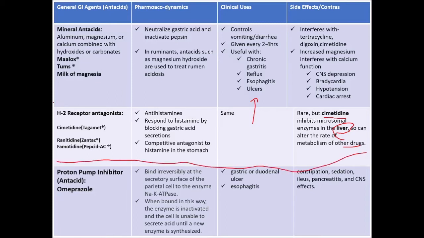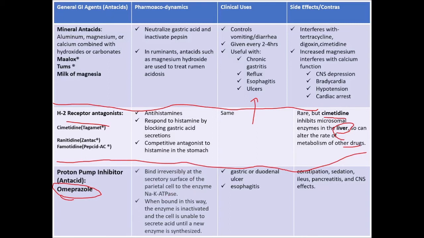When it's bound that way, the enzyme is inactivated and the cell is unable to secrete acid until a new enzyme is synthesized. So it inhibits that proton pump. It helps with gastric or duodenal ulcers and also esophagitis. We do have to be careful of constipation, sedation, ileus, pancreatitis, and CNS side effects.